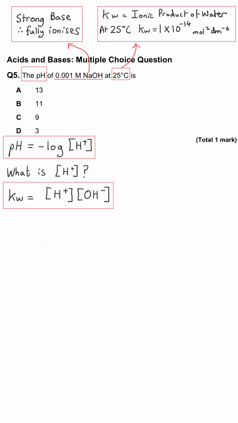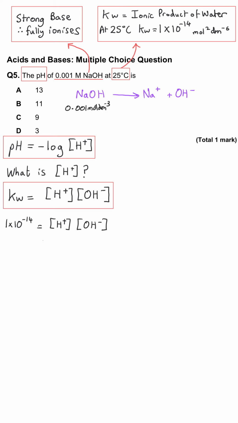And since we've been told that it's 25 degrees C, that means that the value for Kw is 1 times 10 to the minus 14. And so we can substitute that into the Kw expression. And so, since the strong base concentration is 0.001 moles per decimeter cubed, that will be the same concentration for the hydroxide ions.